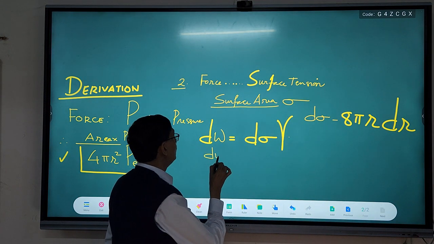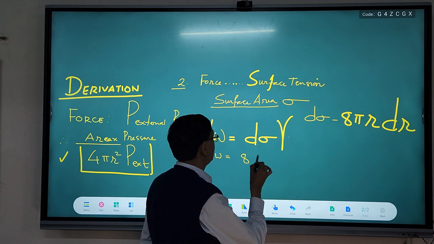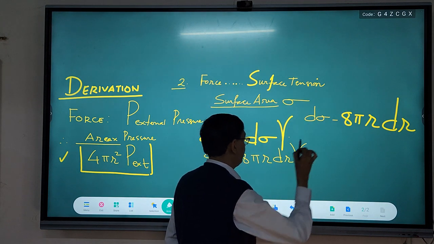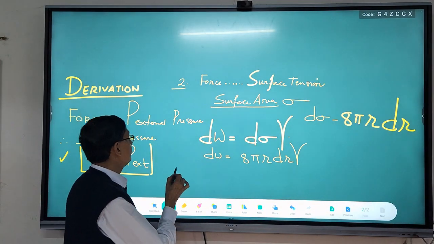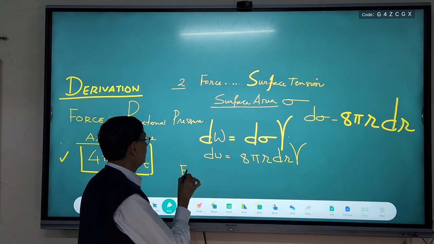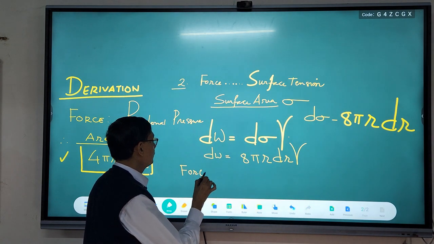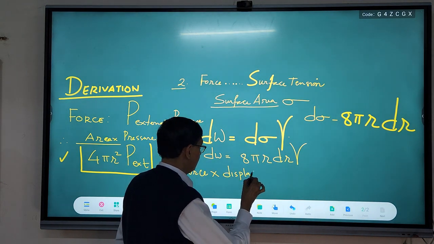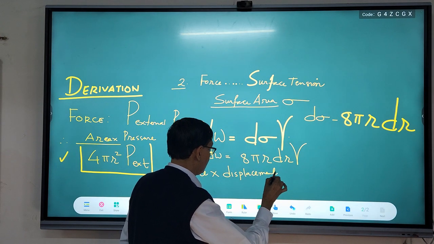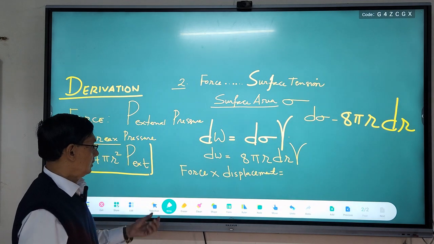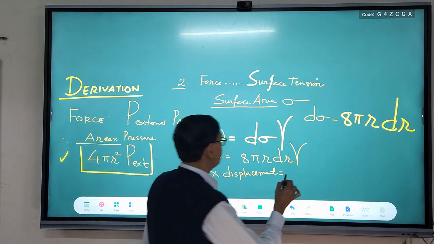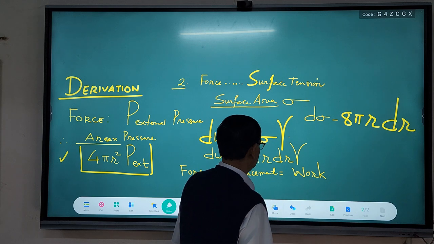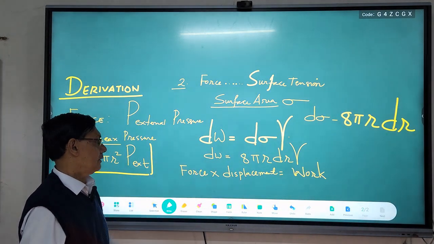Therefore dW is equal to 8 pi r gamma dr. And force into displacement is equal to work.